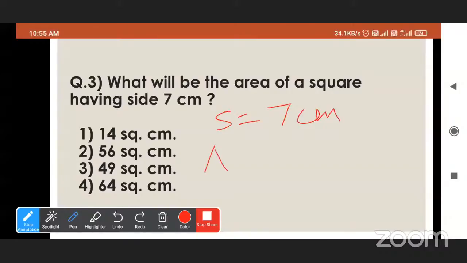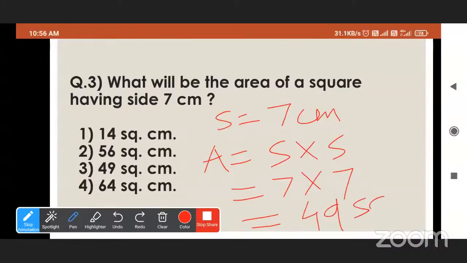So area of a square is S into S. 7 into 7 is 49. What is the answer? 49 square centimeter. We don't have to add, we have to do multiplication. So the third one is the correct option. Good.